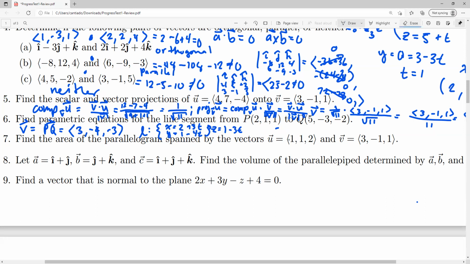That means we actually have to restrict the t domain, right? So we have to know what value of t gives you P and what value of t gives you Q. Whatever point you pick as your x naught, y naught, z naught as your initial point, that will be t0. So P is equal to t0. And in order to get Q, if we solve, 5 is equal to 2 plus 3t, negative 3 is equal to 1 minus 4t, and negative 2 is equal to 1 minus 3t.